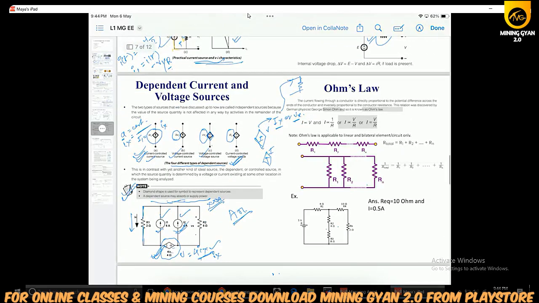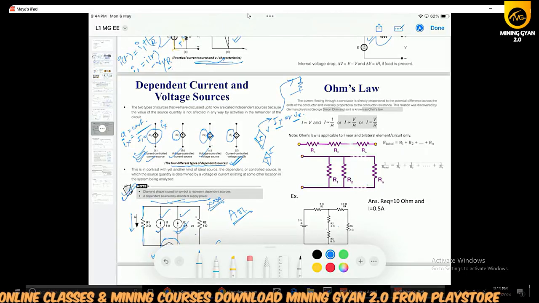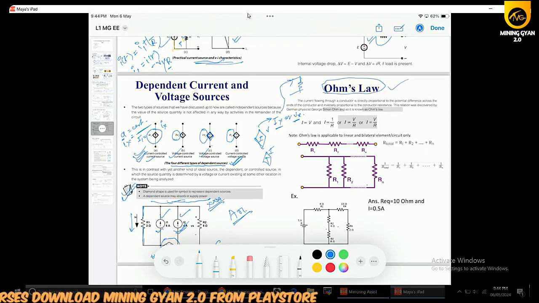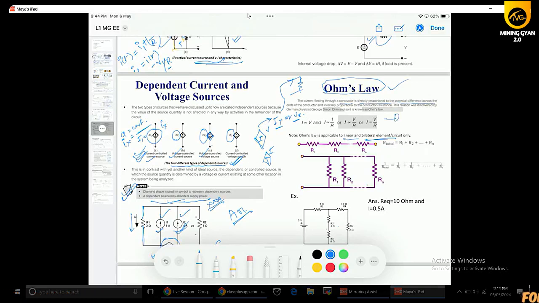After that, let us come to Ohm's law. You already know about that. Ohm's law is applicable to any linear and bilateral network or circuit. The current flowing through a conductor is directly proportional to the potential difference across the ends of the conductor. Let us say this is a conductor made up of copper.